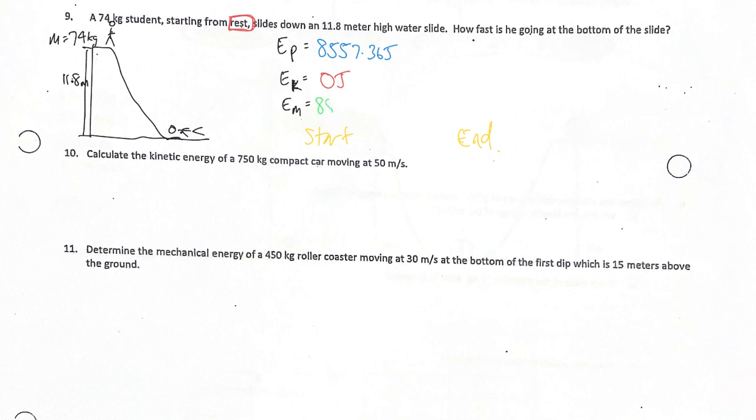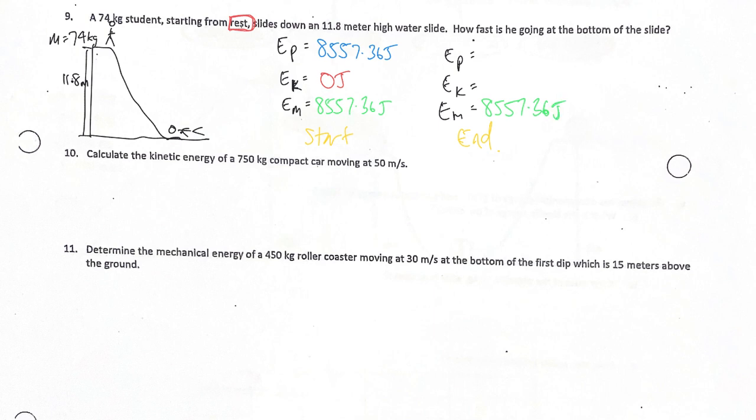8557.36 joules. So, which one of these is always going to be the same? Mechanical energy. So, if his mechanical energy is going to be the same, it's going to be 8557.36 joules.